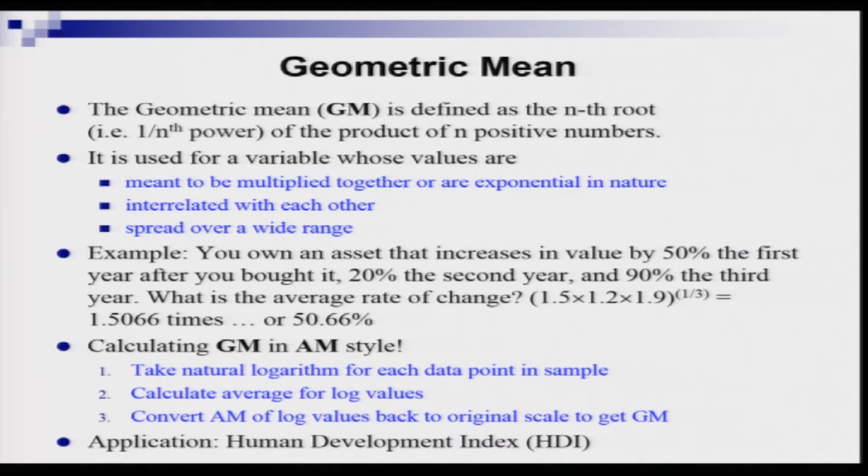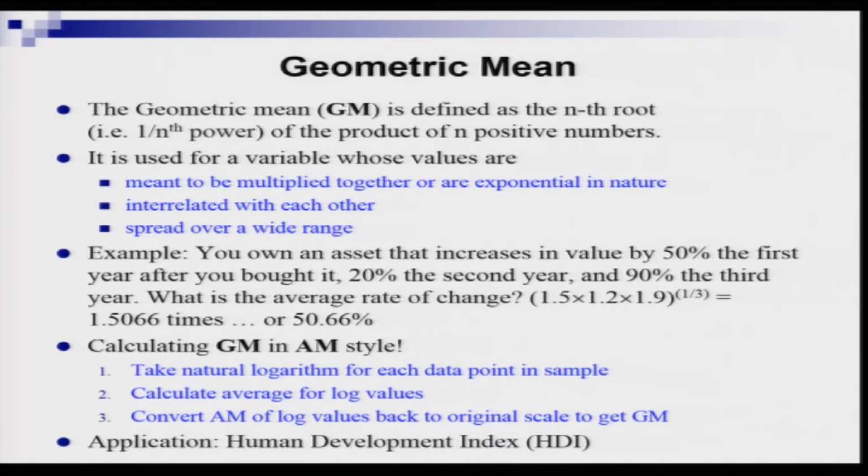Let us study an example and see how it is computed. Suppose you own an asset that increases in value by 50% the first year after you bought it. Then at the end of the second year the value further increases by 20%, and finally at the end of the third year the value further increases by 90%.